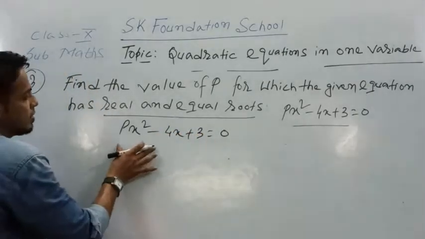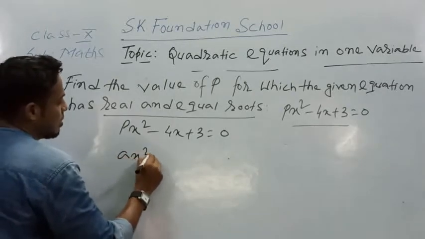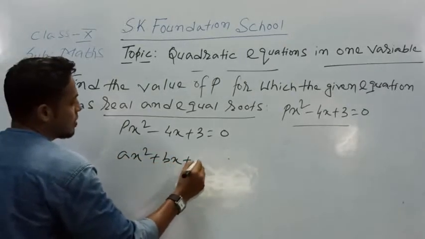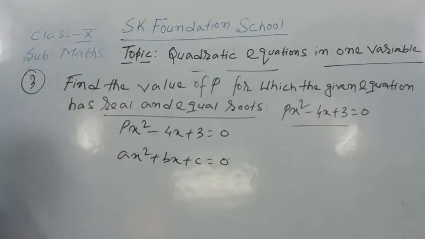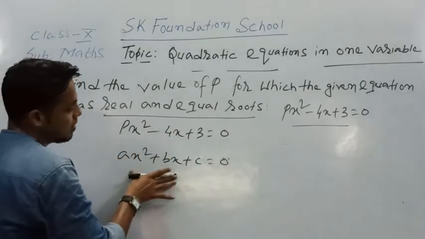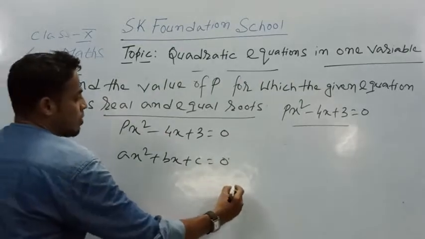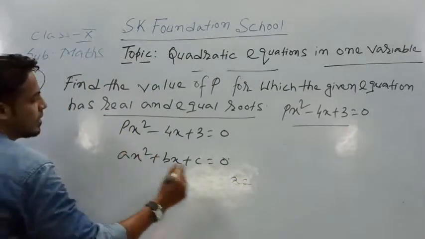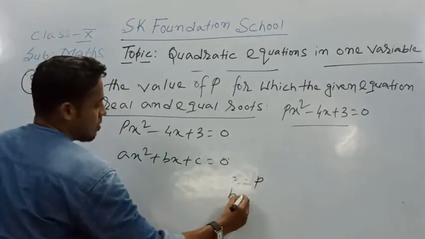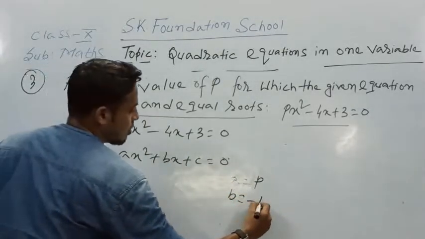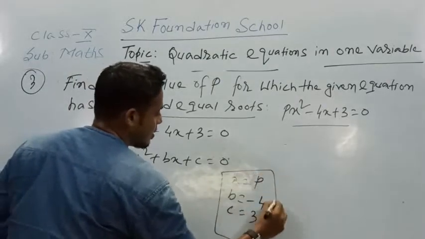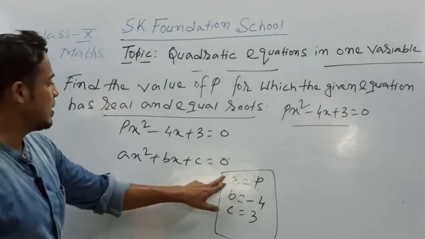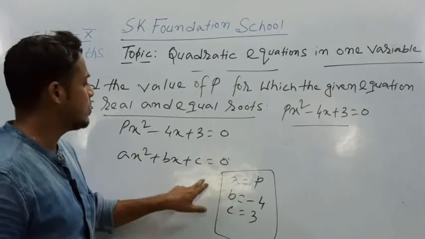Then we compare this equation with ax square plus bx plus c equals 0. When we compare, the value of a equals p, b equals minus 4, and c equals 3, right?